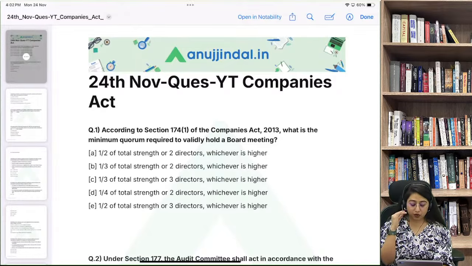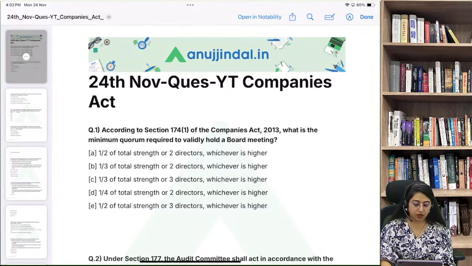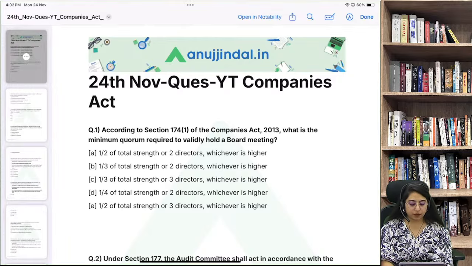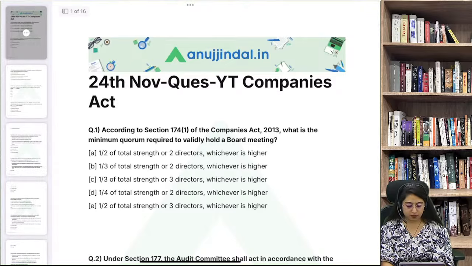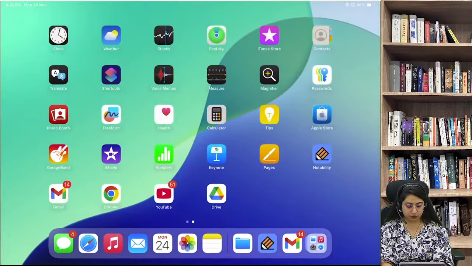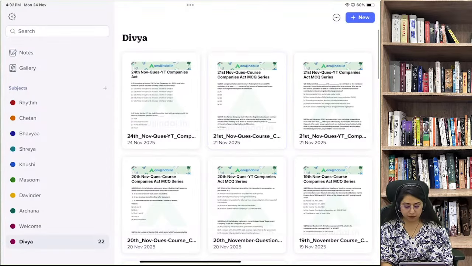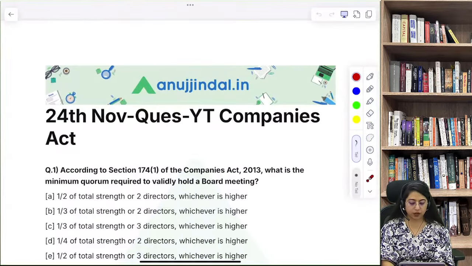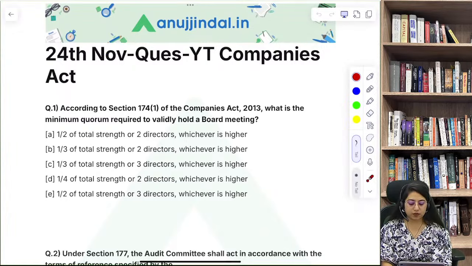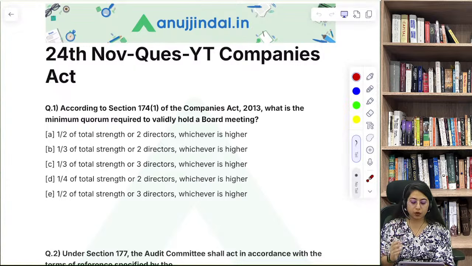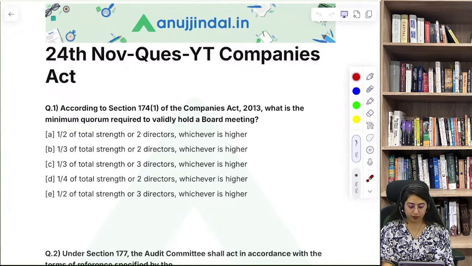According to Section 174 subsection 1 of the Companies Act 2013, what is the minimum quorum required to validly hold a board meeting?